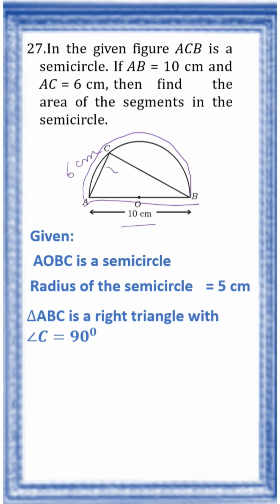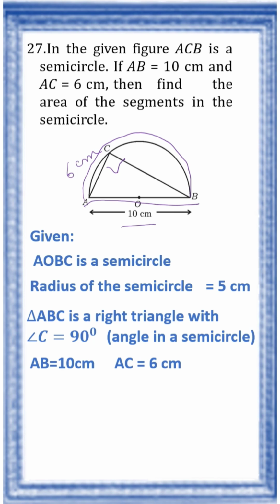Triangle ABC is a right triangle with angle C is 90 degree. This one is 90 degree. Why it is 90 degree? Angle in a semicircle. So AB is 10 centimeter, AC is 6 centimeter. To find area of the segments. Which are the segments here?